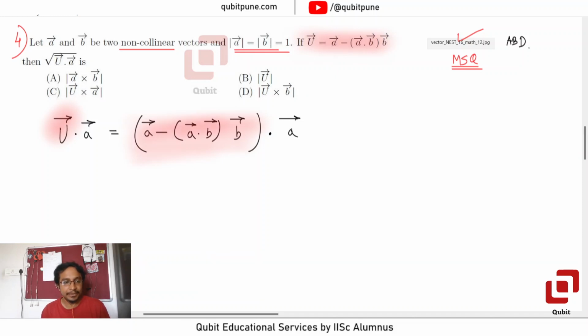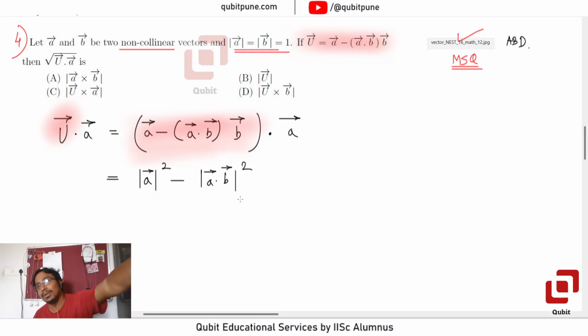Now use dot product algebra. a bar dot a bar, magnitude of a bar squared, minus (a bar dot b bar) times (b bar dot a bar). So this will basically be (a bar dot b bar) squared, because again, I told you, the same vector dot multiplied with itself gives magnitude squared.